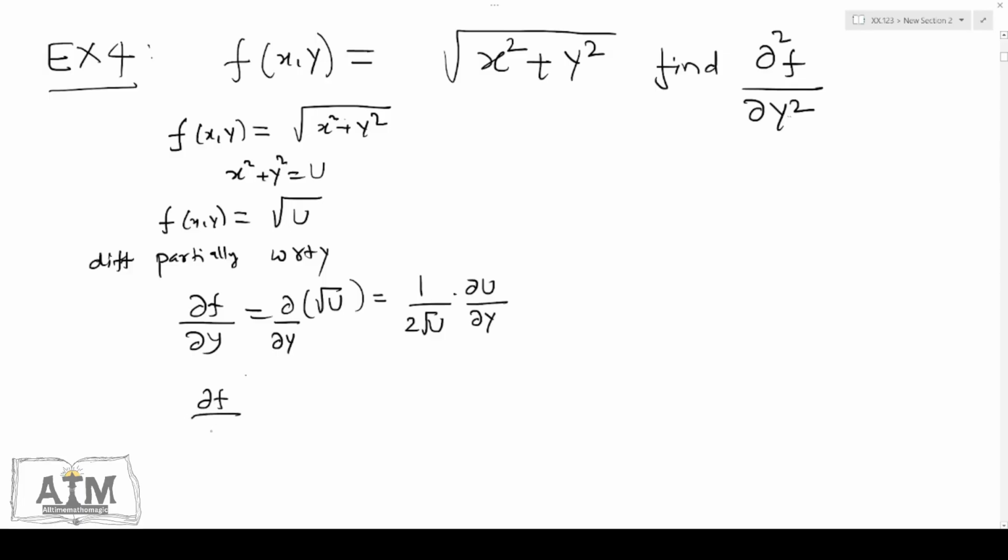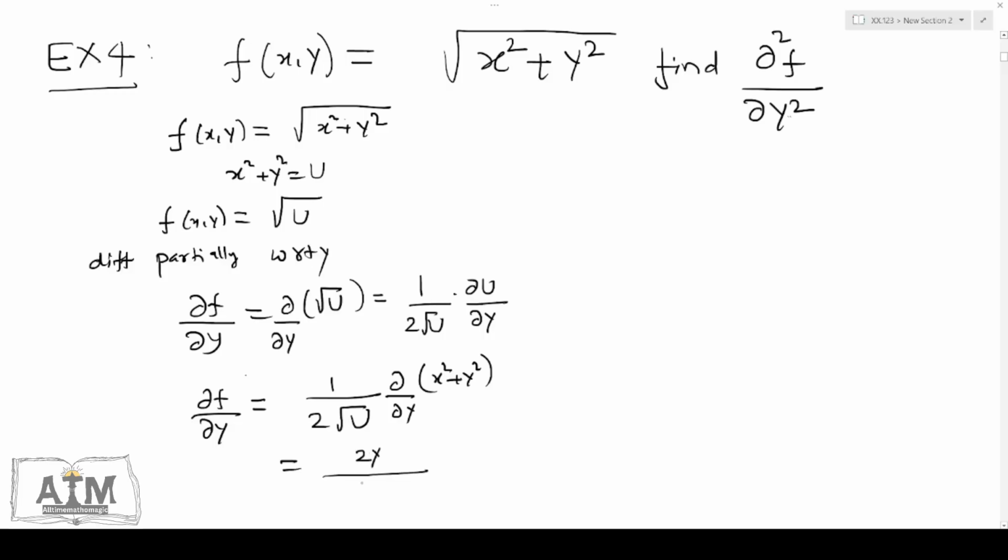Therefore, dou f by dou y equals 1 upon 2 root u, and u is nothing but x square plus y square. With respect to y, the partial differentiation of x square is 0 and the partial differentiation of y square is 2y.